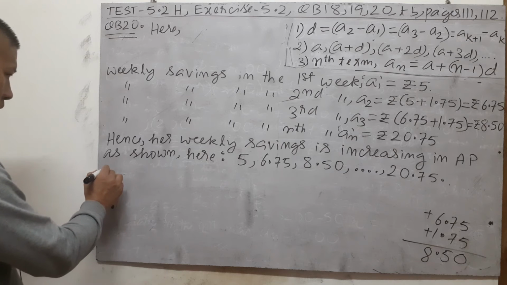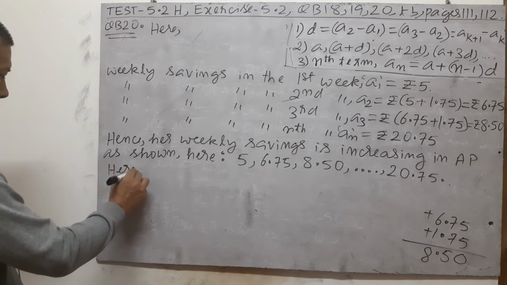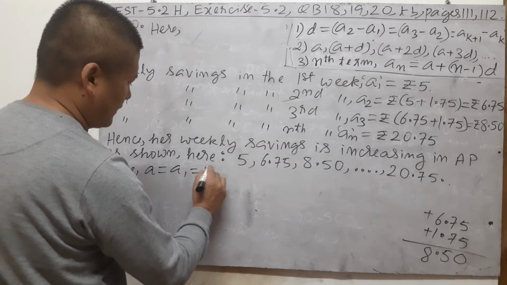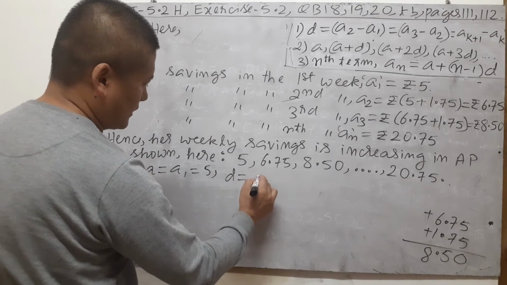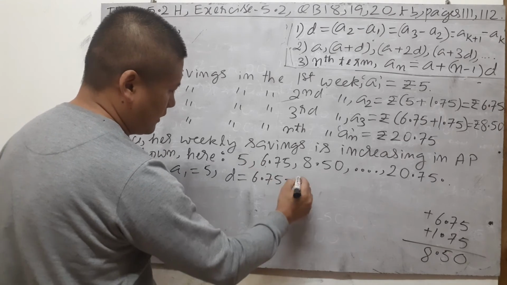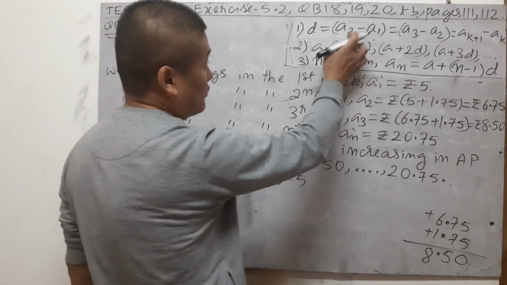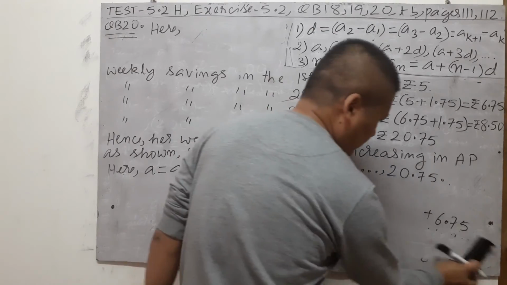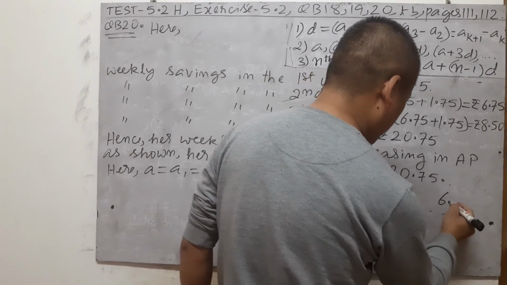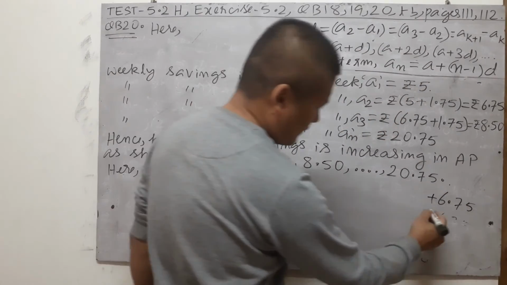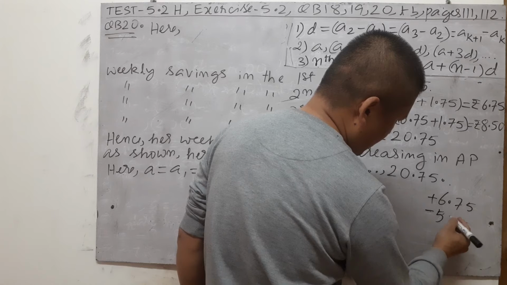So here the first term a, or A1, is clearly 5. The common difference is A2 minus A1, so 6.75 minus 5. 6.75 is bigger, no sign means plus; 5 is smaller, so minus 5 point.